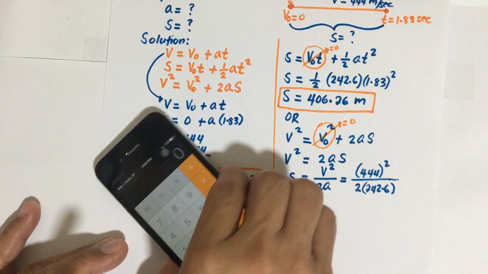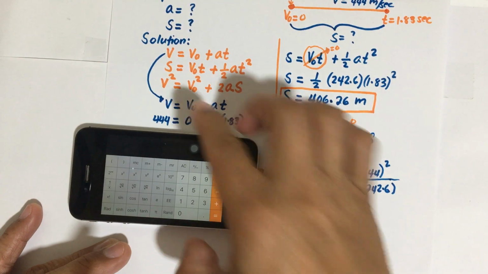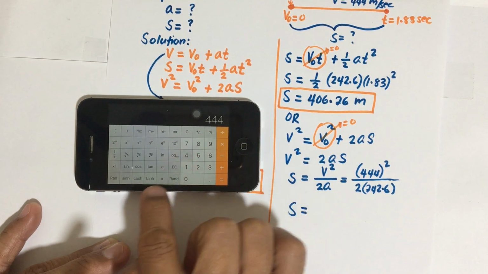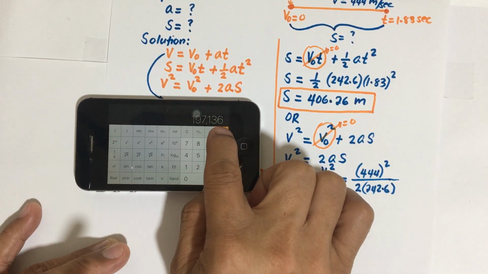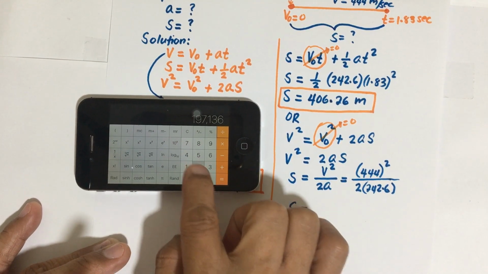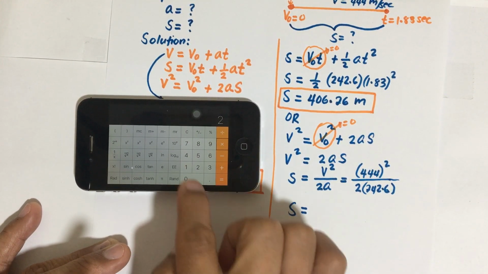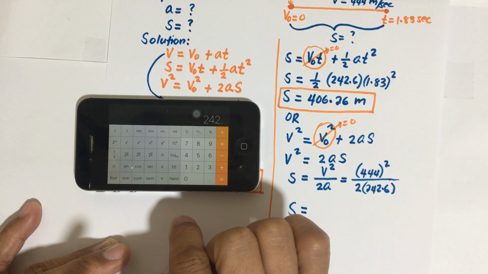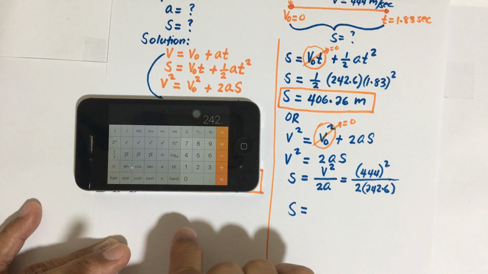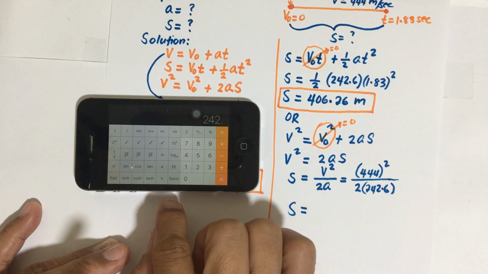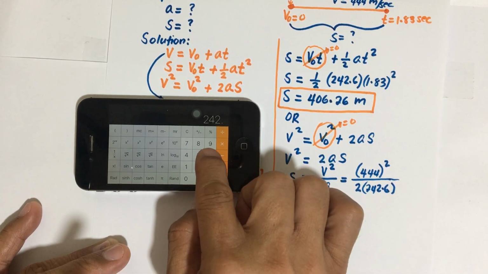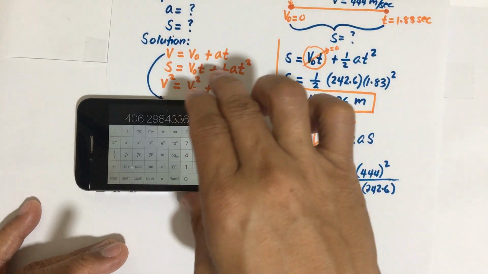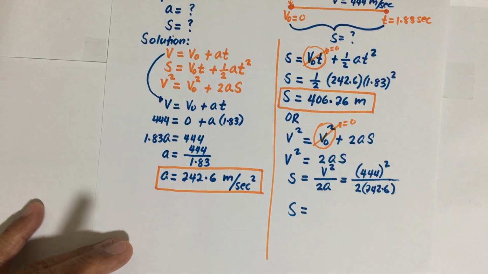Sorry, we have to use the scientific calculator here. So 444, you square this one, then divided by the quantity 2 times 242.62. So it gives us 406.26.